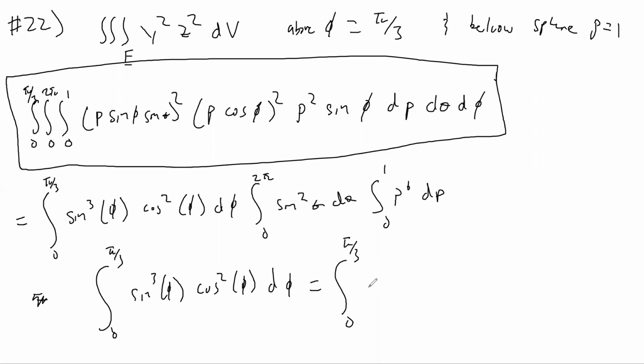So I can convert sine cubed phi into sine phi multiplied by 1/2 times 1 minus cosine 2 phi, multiplied by cosine squared phi d phi.